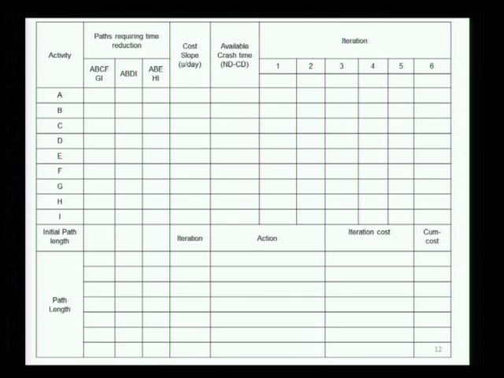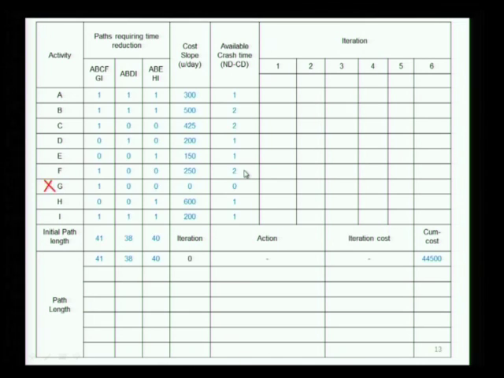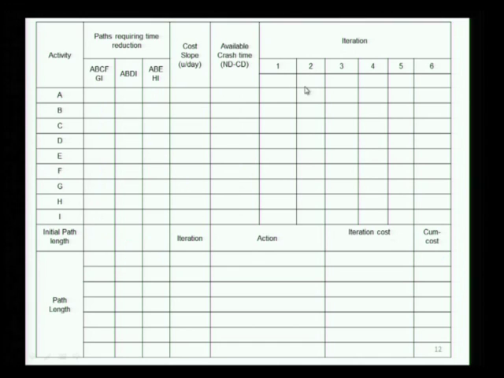Here we have the various activities of the network and the possible paths. You remember the 3 paths: ABCFGI, ABDI, ABEHI. We will write the cost slopes for each of these and the available crash time, and for each step of reduction we will go through an iteration and update it as we go.